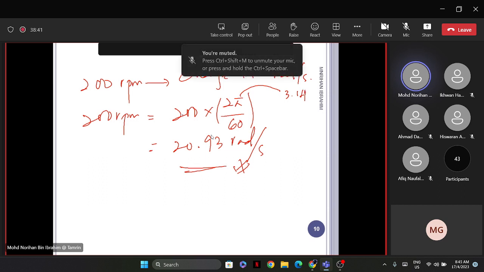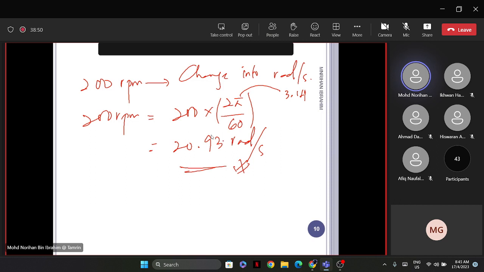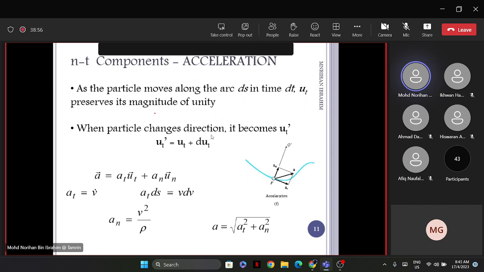So that means 200 times 2 times 3.14 divided by 60. You will get the answer in this form. Okay, the next is the normal tangent components.